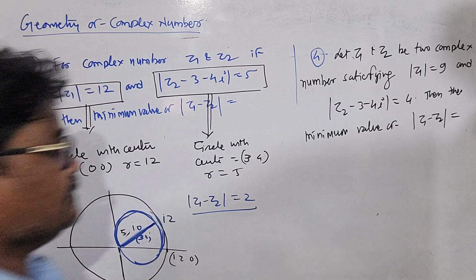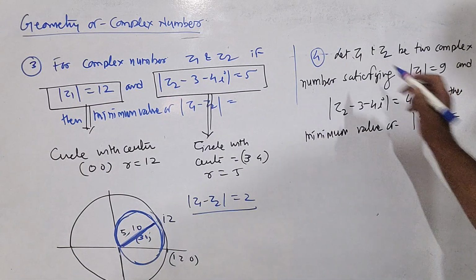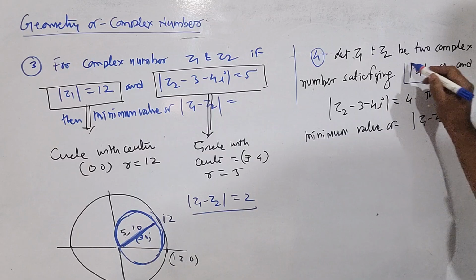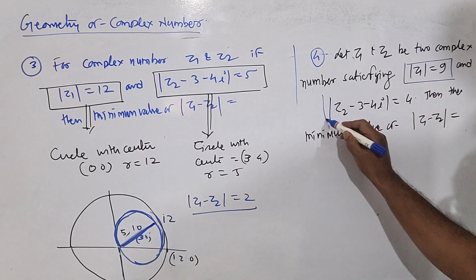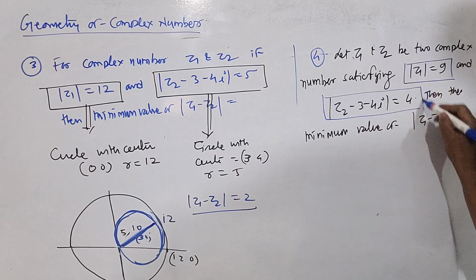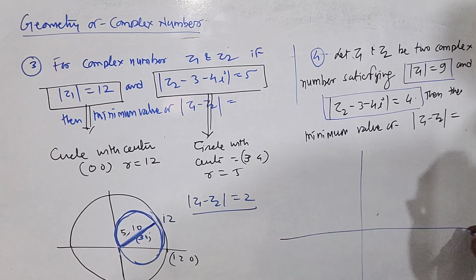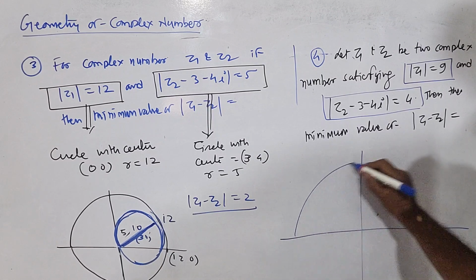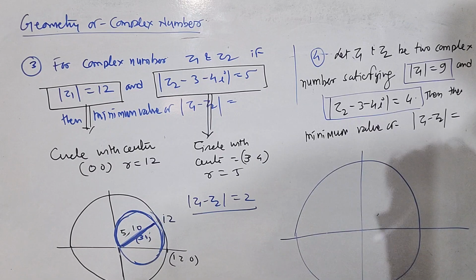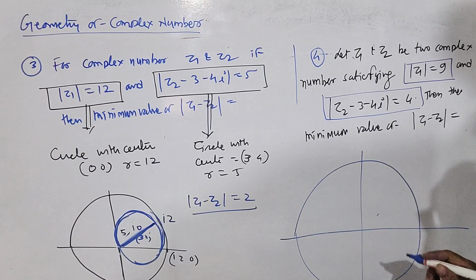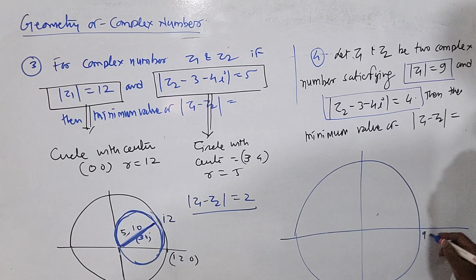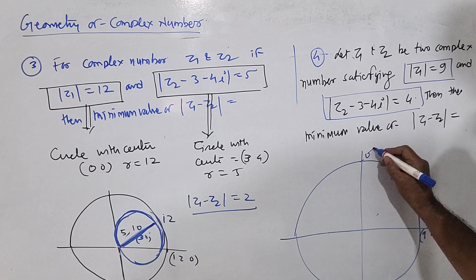Coming to this one. Here also Z1 satisfies this locus with radius 9, and Z2 satisfies this locus with radius 4. So let's draw the first bigger circle with center at 0 comma 0, radius 9, this is 9 comma 0, this is 0 comma 9.